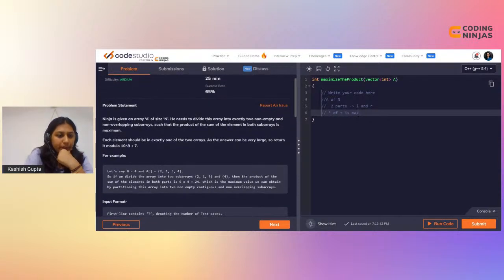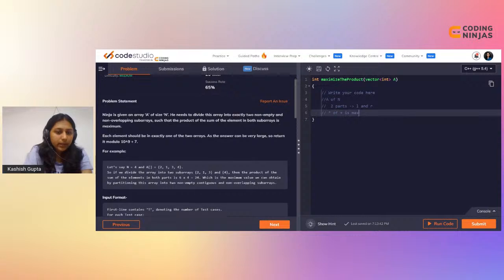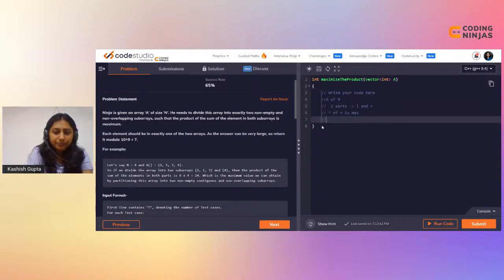Each element should be in exactly one of the two arrays, so it's necessary we take every element. As the answer can be very large, return it modulo 10 raised to 9 plus 7.